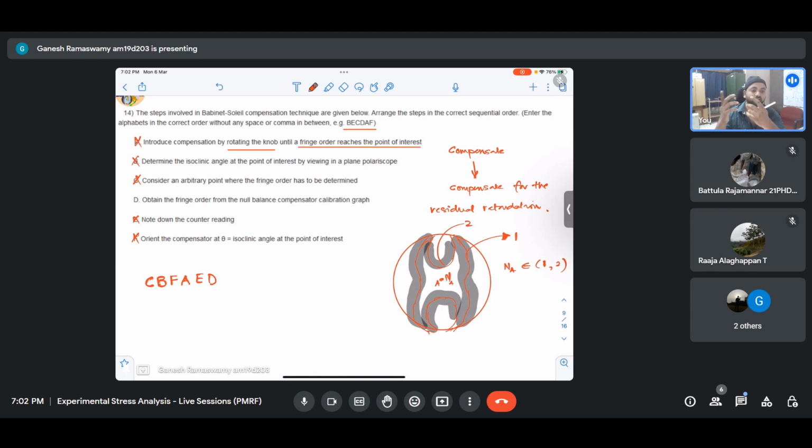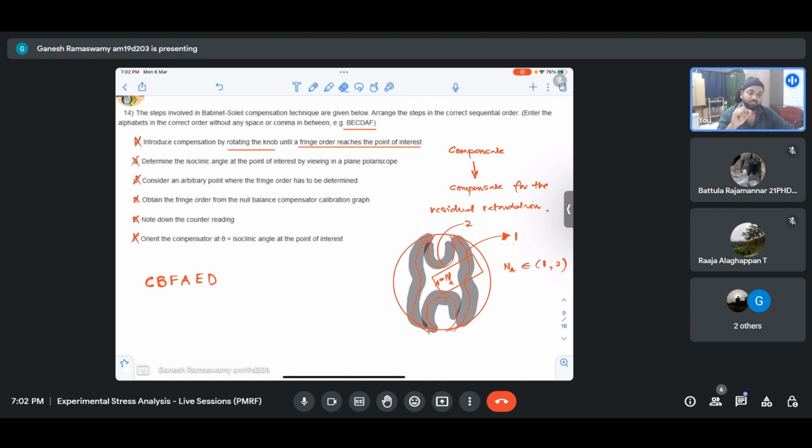So let me say that this is 1 and this is 2. I align my compensator like that, knowing fully well that its angle is some theta, and I have aligned it at theta. Let us say my first fringe order moved to that point, and when I compare the reading from the graduated scale to the graph, I see the fractional fringe order.